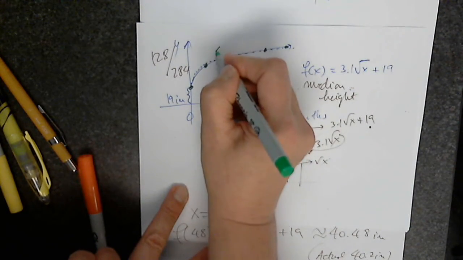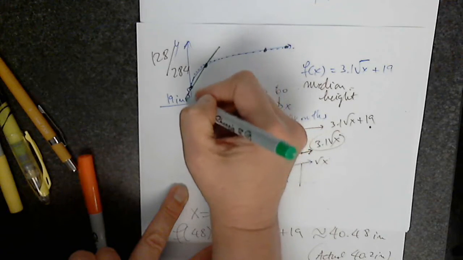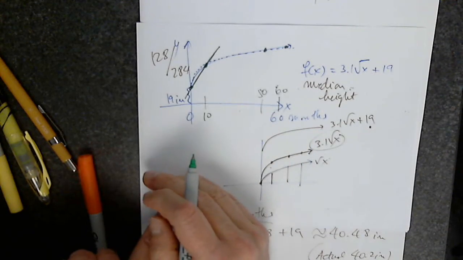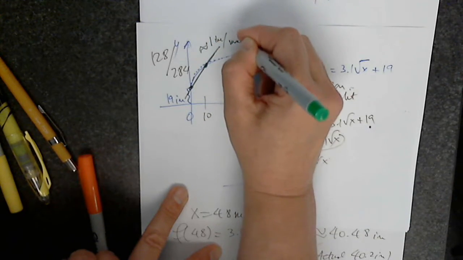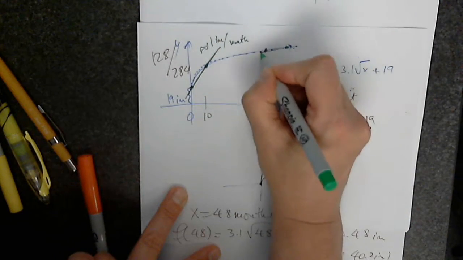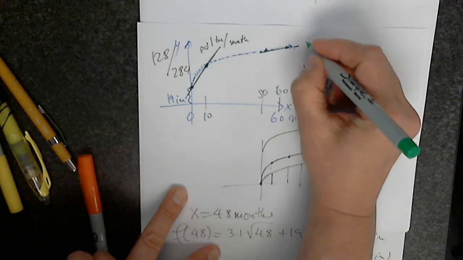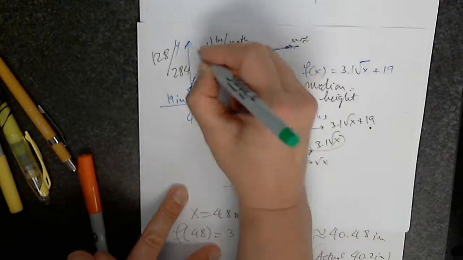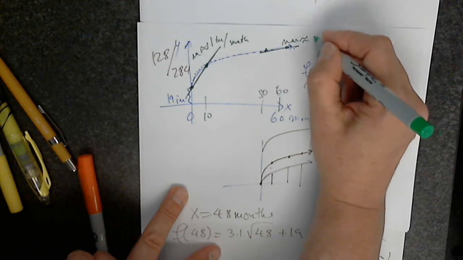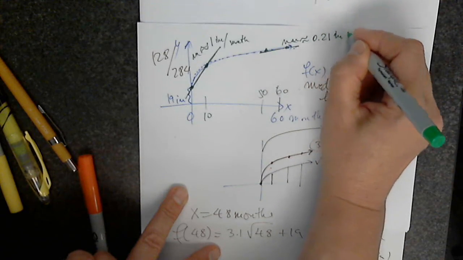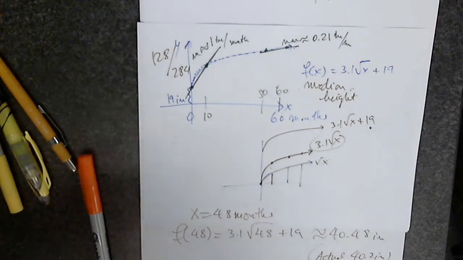I'm telling you that the slope of this line is how much? Approximately 1 inch per month. And the slope of this line, slope, of course, m, is approximately 0.2 inches per month. Does it make sense?